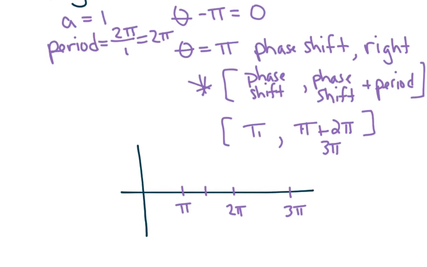So this is 1.5 pi, which is 3 pi over 2. And this is 2.5 pi, which is 5 pi over 2. And the graph goes from 1 to -1. It's a cosine graph. And since it starts with a positive, it's going to start at its maximum. And so here are your 5 dots. And there's your graph.